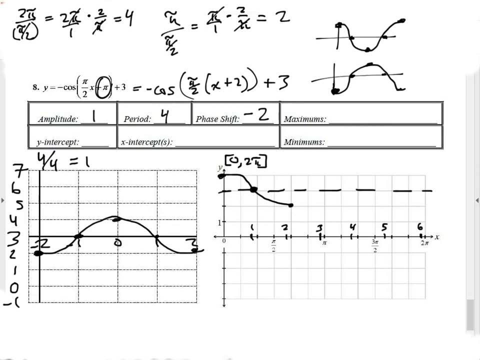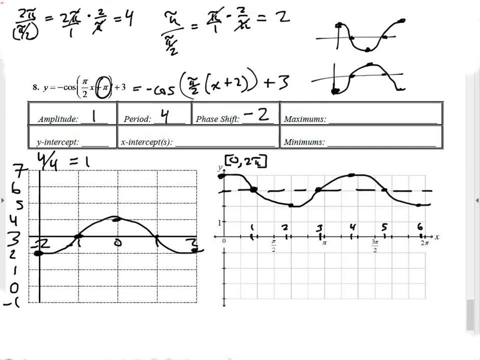Do you guys know the pattern? What's next? Where's my next point? 3, 3? Right there. And then 4 goes up to 4. And then 5 goes back to 3. And then 6 goes to the minimum.